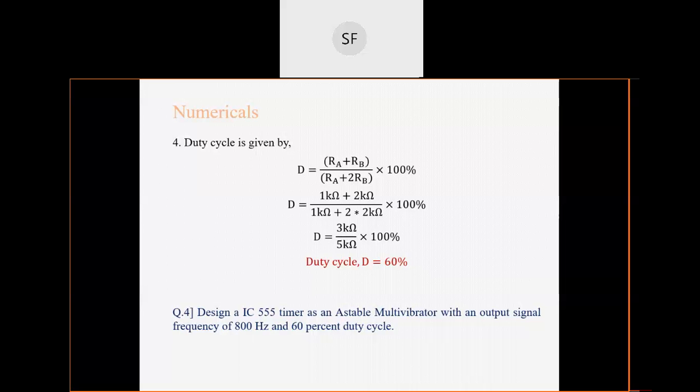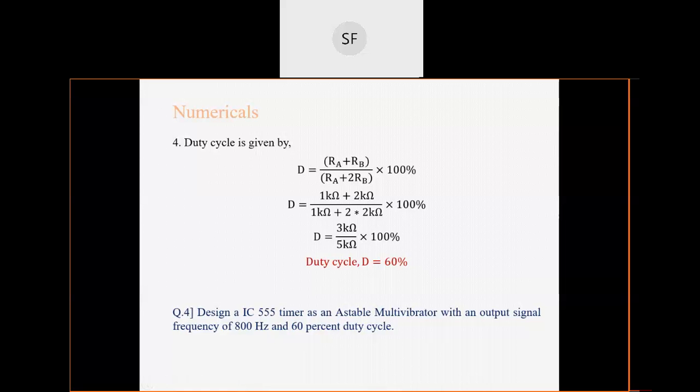So problem number 3 was very simple. Now the somewhat hard part is there, that is the designing part. Until now we have seen 3 problems, and in all 3 problems the values of components, that is resistor value and capacitor value, were already given to you and the parameters were asked.